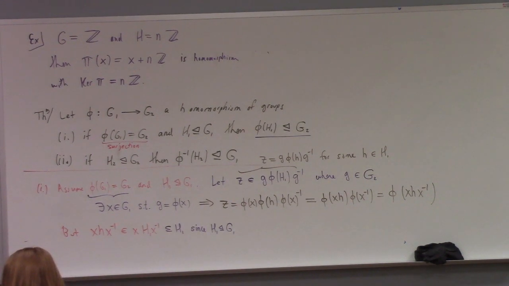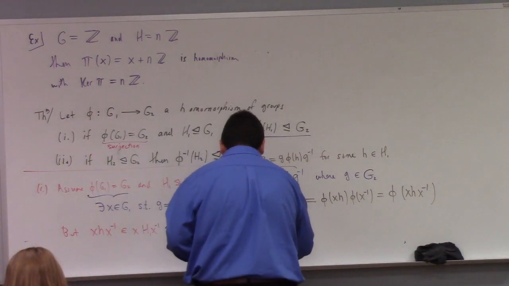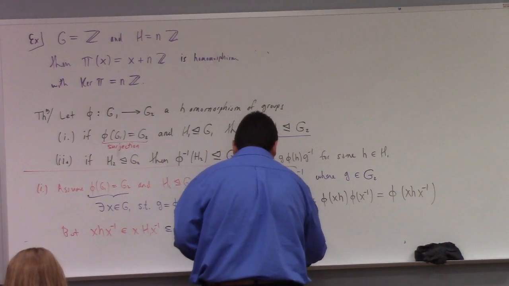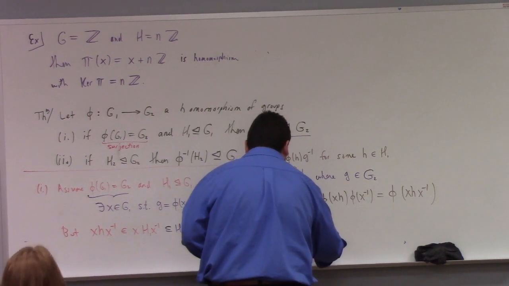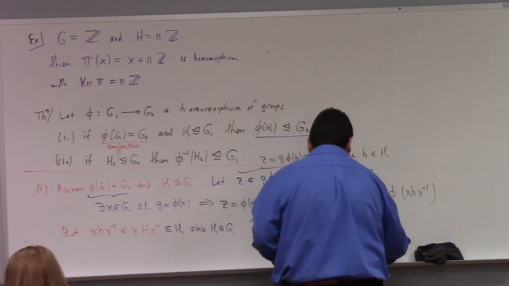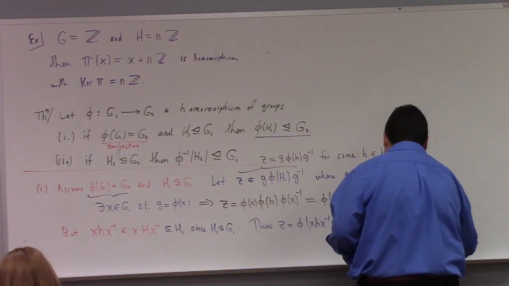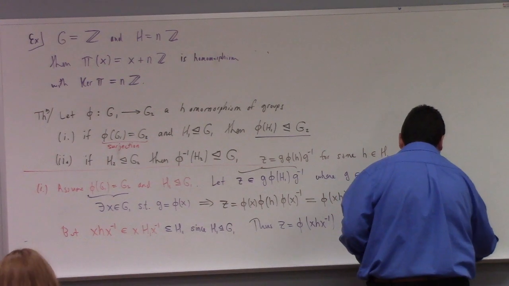So what have we shown? That gives us then that Z is equal to phi of something that's in h1. So Z is equal to phi of x h x inverse, where x h x inverse is an element of h1. Therefore, Z is an element of phi of h1.